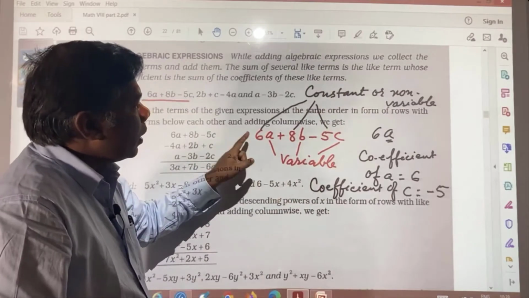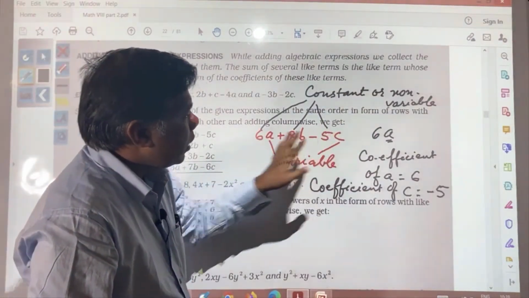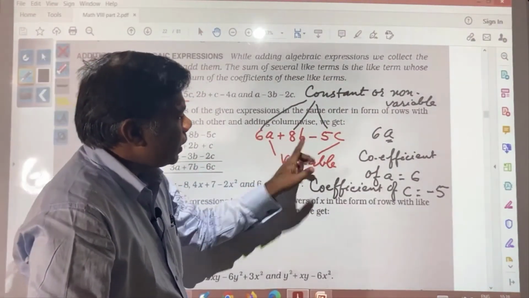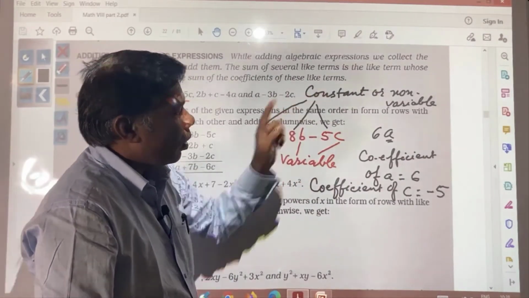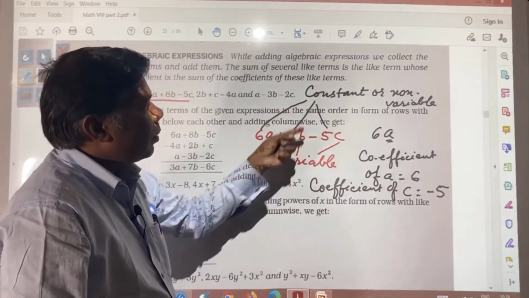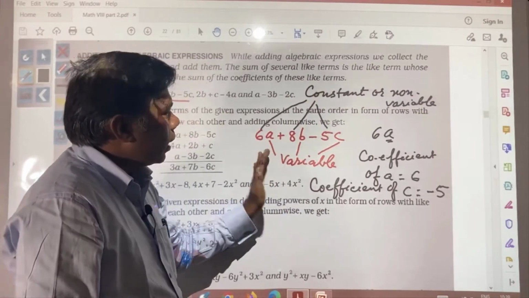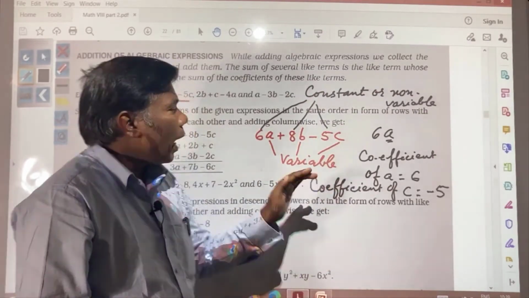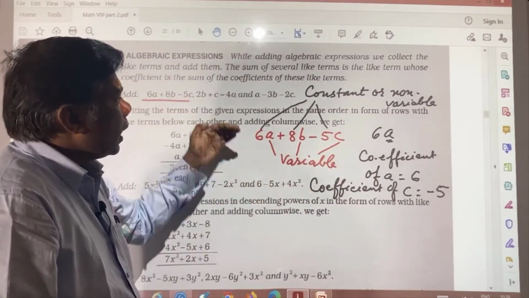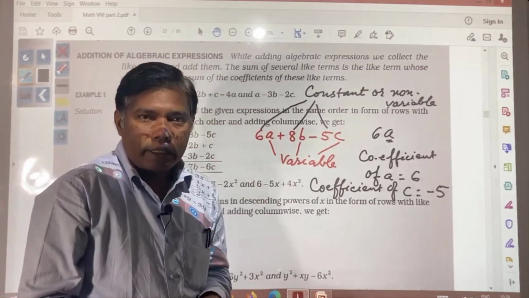First of all, terms, which are separated by plus and minus; variable and constant term; and third thing, coefficient. After that, you need to know like terms and unlike terms.